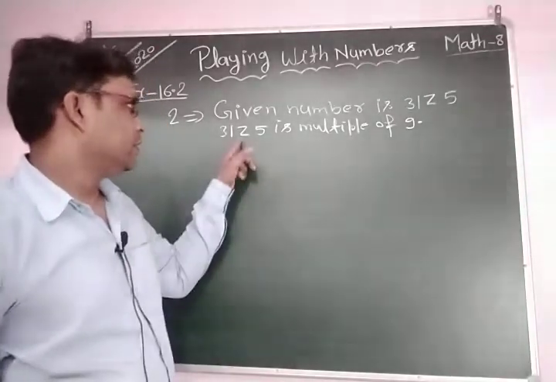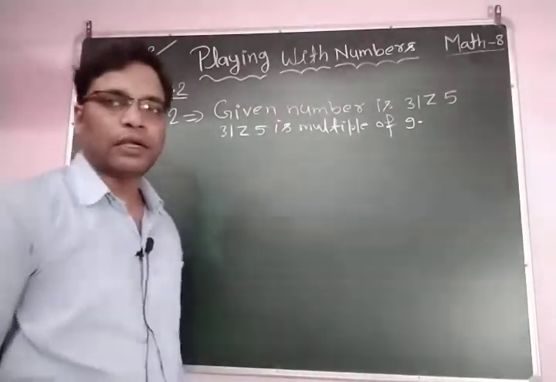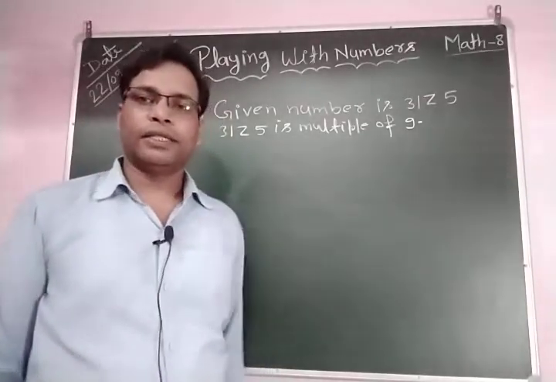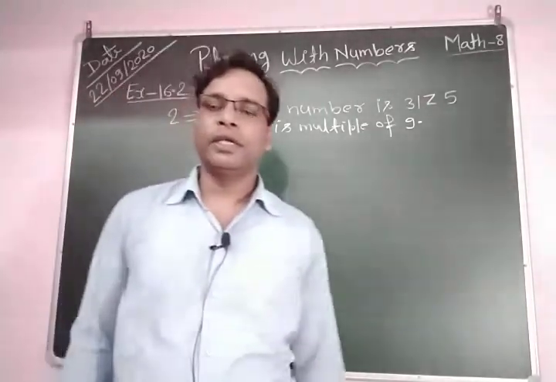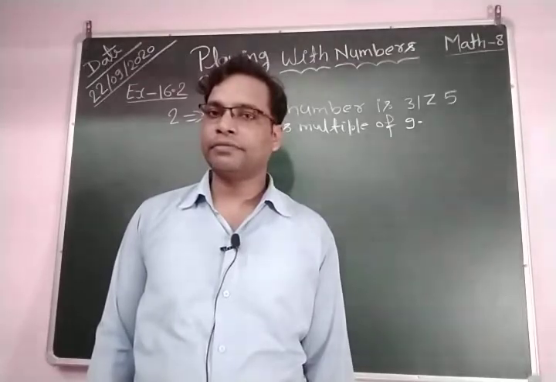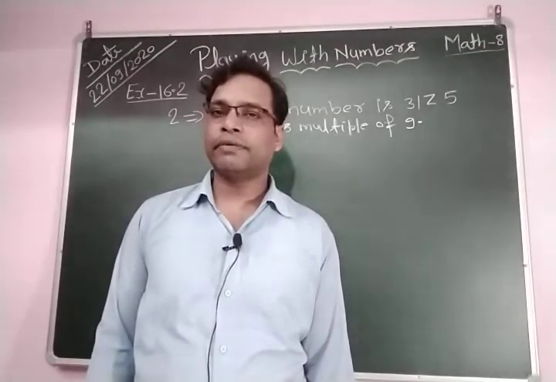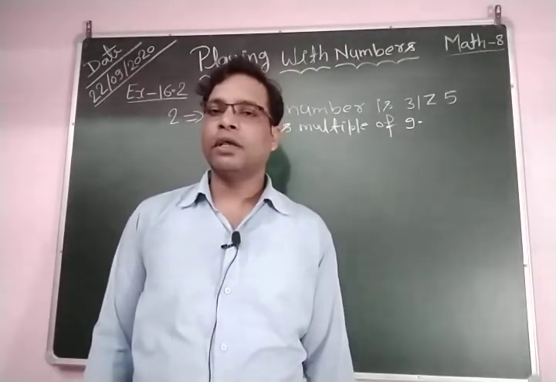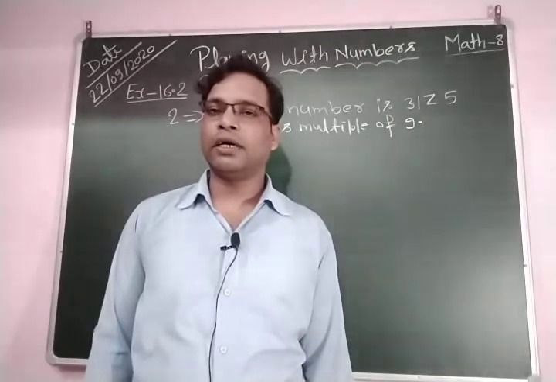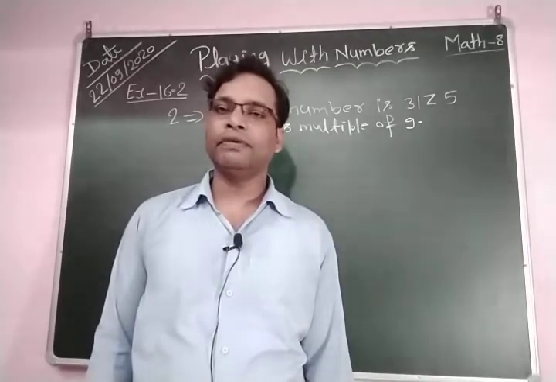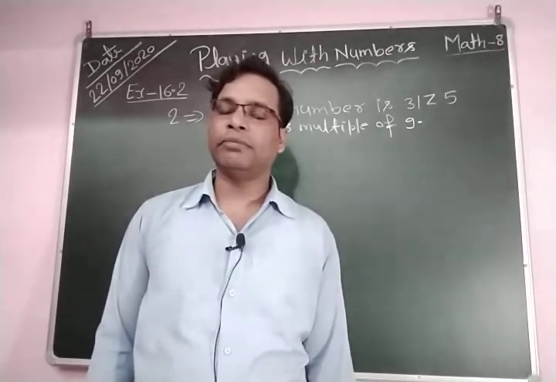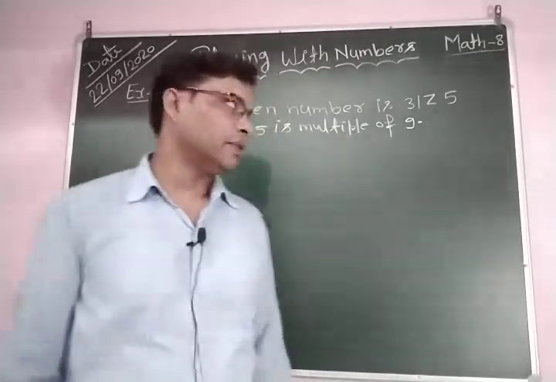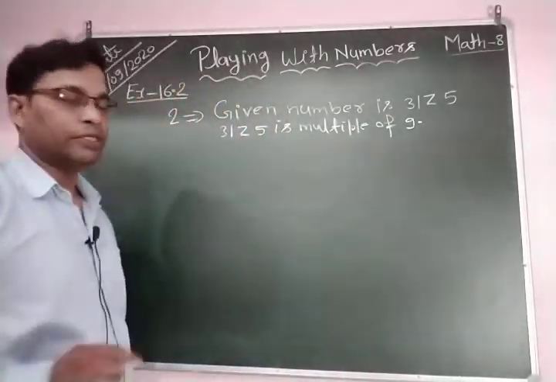Here this is z. So how do we find the value of z? We know the divisibility test of 9. What is the divisibility test of 9? A number is divisible by 9 if the sum of digits of the number is divisible by 9. So first we find the sum of digits of this number.